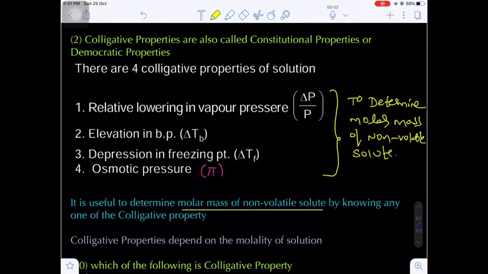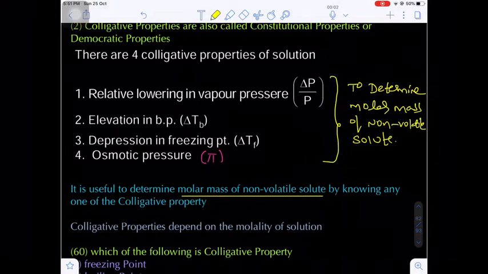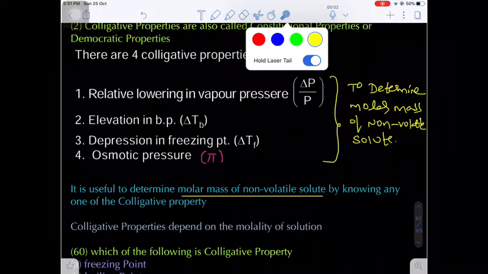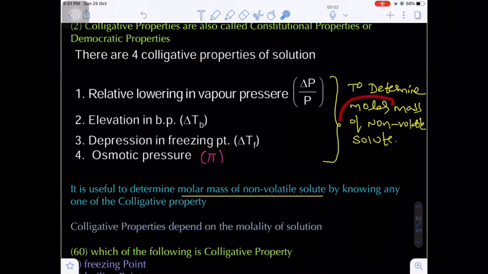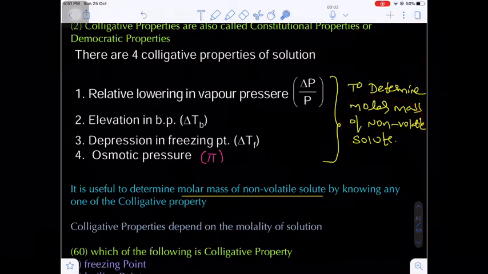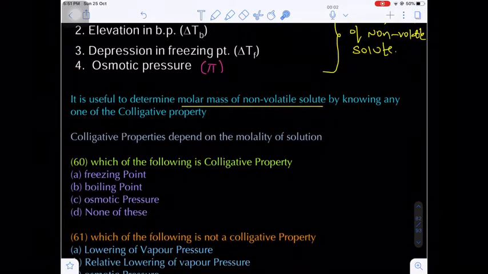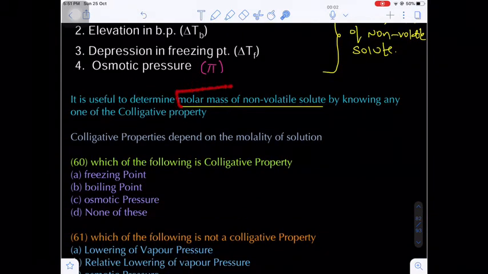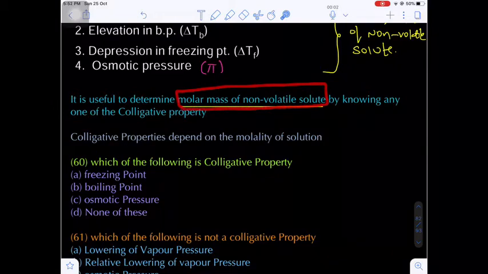If you know any one of the colligative properties, with the help of that colligative property, we can calculate the molar mass of a non-volatile solute. That is the very important application regarding the colligative properties.